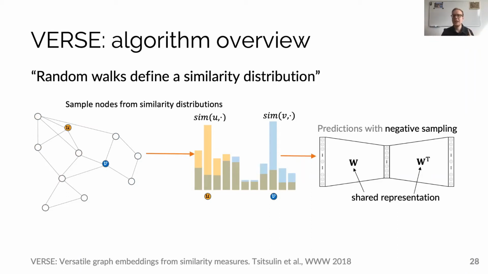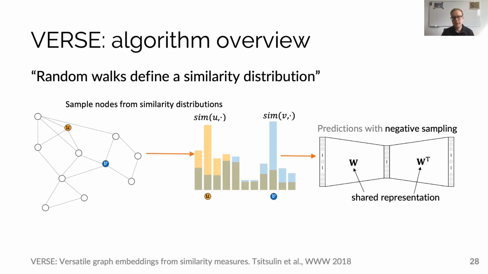The trick here is that we don't sample random walks to use in the neural network. We sample from the similarity distributions via random walks or some other way. For example, we can also sample edges, and then it's a meaningful similarity distribution between nodes. And then samples from that are fed to a neural network.